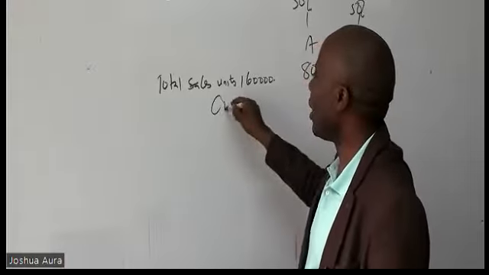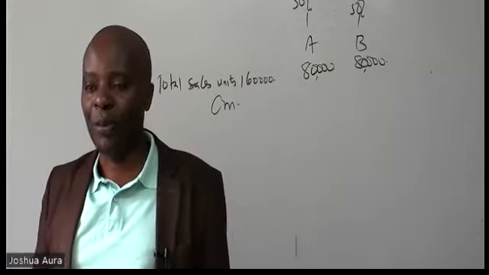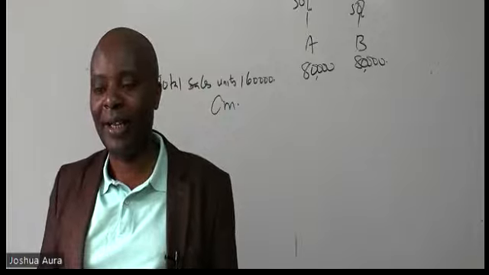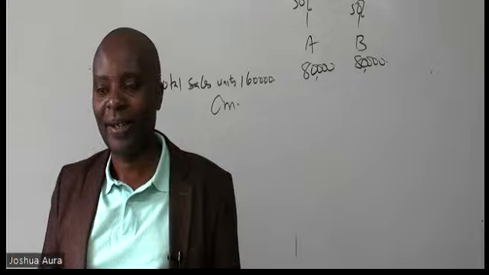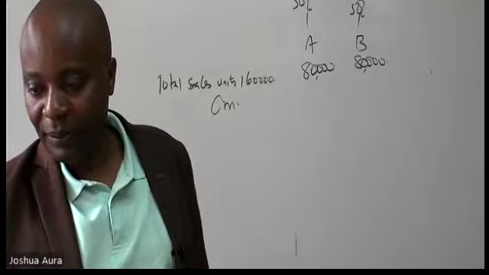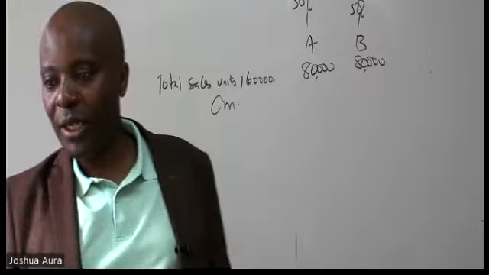So could you kindly give me the contribution margin? Are you able to remember the contribution margin for A? The contribution margin here was 1, and for B it was 7, isn't it?